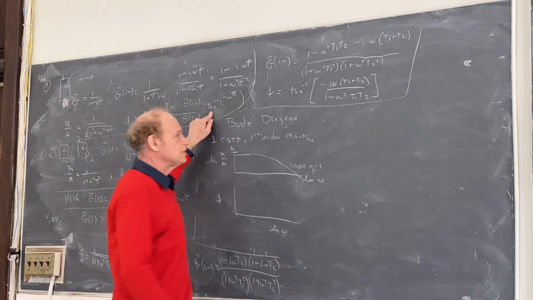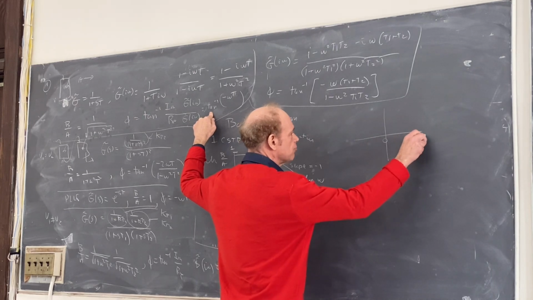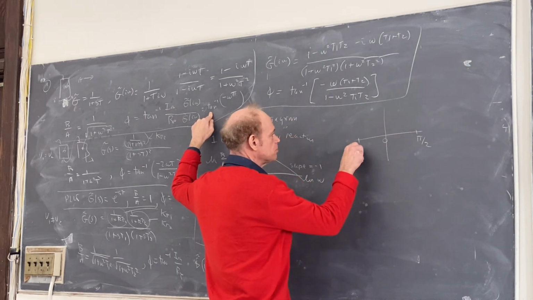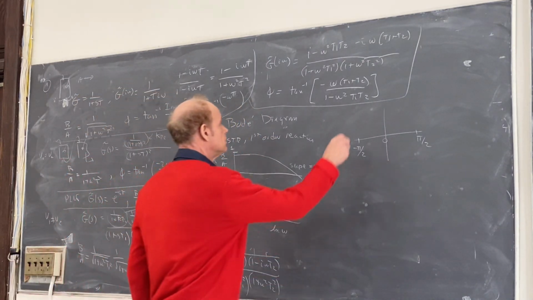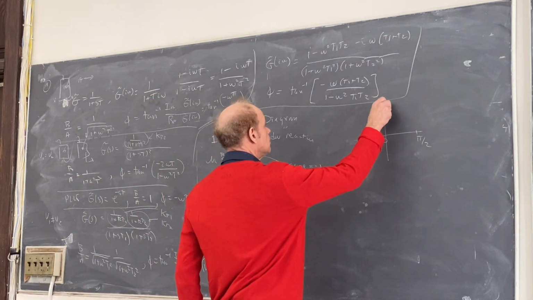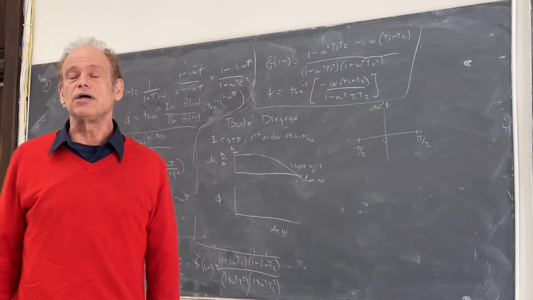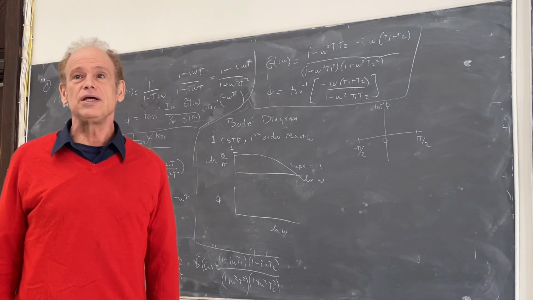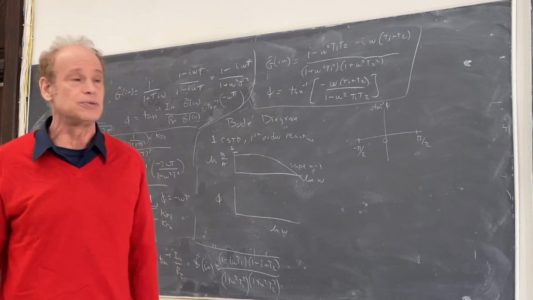Let's just look at what the arctangent looks like. So here's 0, here's pi over 2, and here's minus pi over 2. Remember the tangent is the sine over the cosine. So the tangent of 0 is 0 because the sine is 0. So the arctangent of 0 is 0.